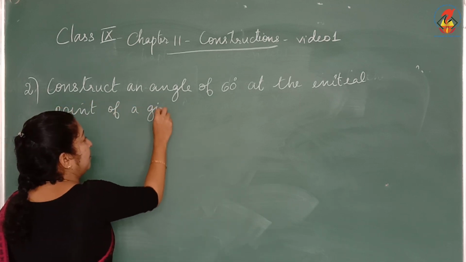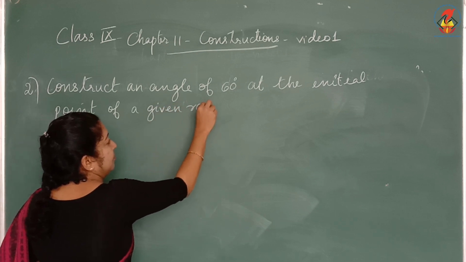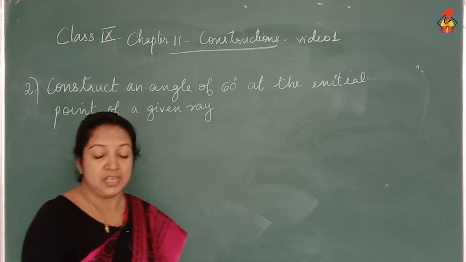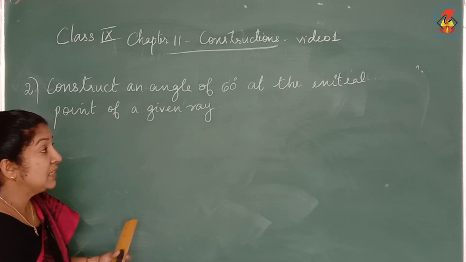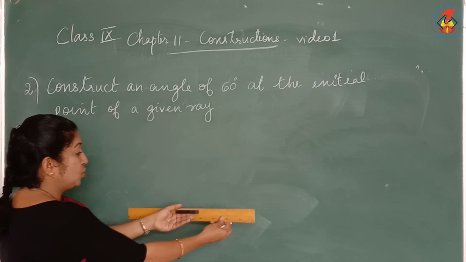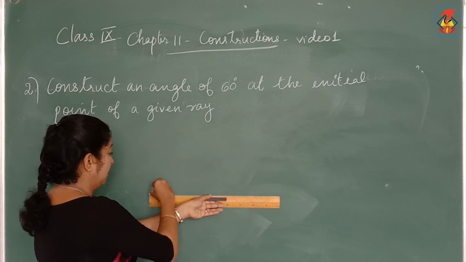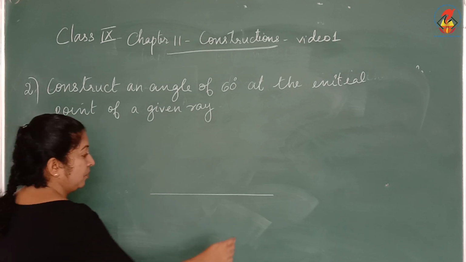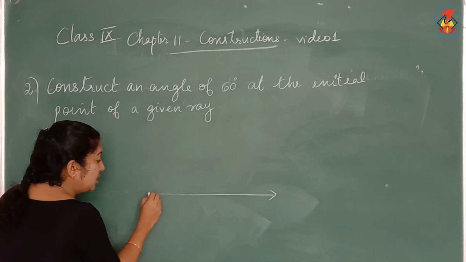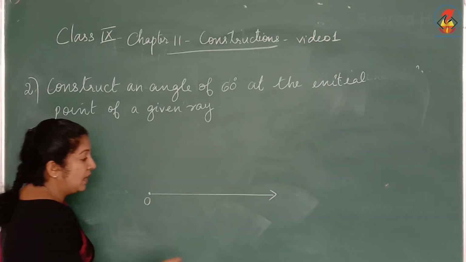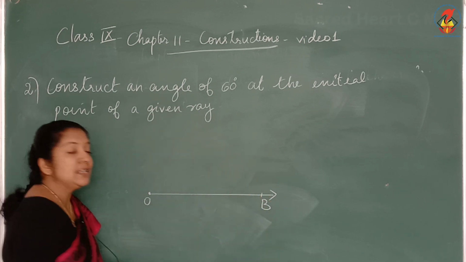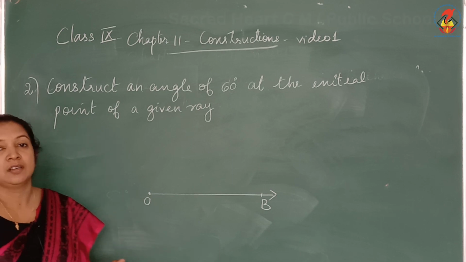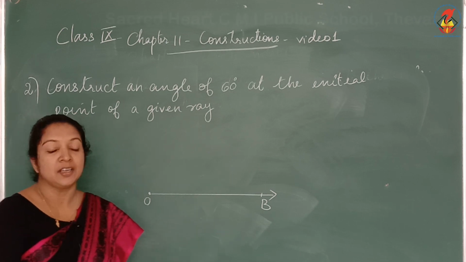We have to construct 60 degree at the initial point of a given ray. So we need a ray. This is the initial point. I am marking it as O and naming this ray OB. So OB is the given ray. You have to construct an angle of 60 degree.